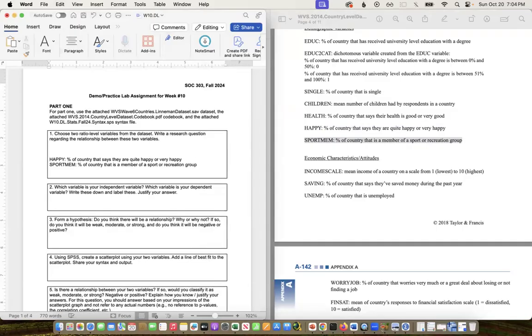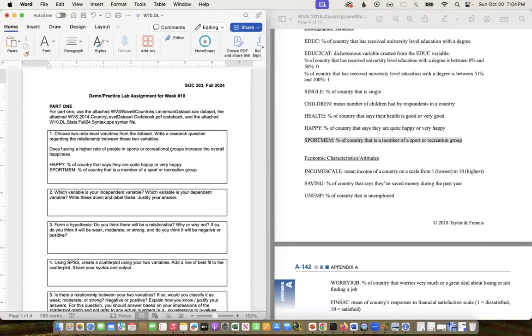So my question is, do countries with higher rates of participation in sports or recreational groups have higher overall happiness? Are countries with higher rates of participation happier? Okay.